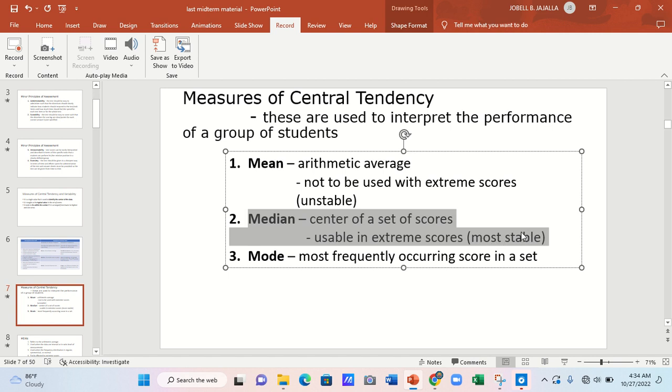We will see that later. Now for the third one, we have the mode. The mode is only about the most frequently occurring score in a given set of data. The score that keeps repeating in the set of data is what we call the mode.